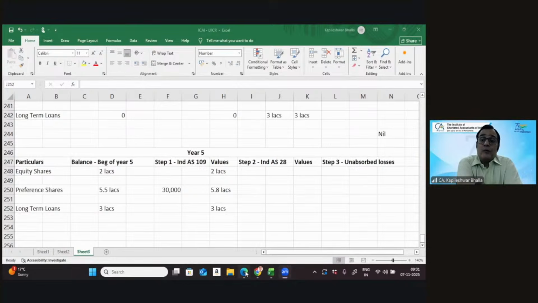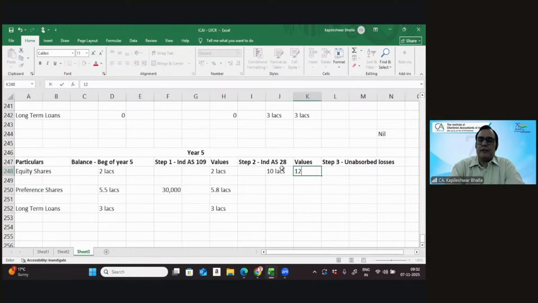Okay. So now we need to distribute the gain of 10 lakhs. So this 10 lakhs will go to whom? Is it going to go entirely to the equity shares in this case? Is my thought correct? Because preference and long-term loans, the entire losses given to them stands reversed. So can I simply pass on that entire 10 lakhs to the equity? Correct. So in terms of Ind AS 28, the entire 10 lakh goes to equity.